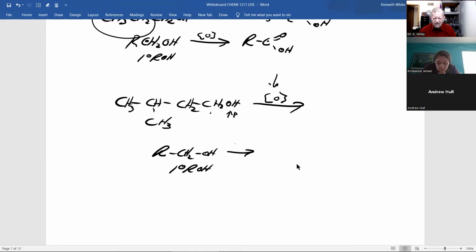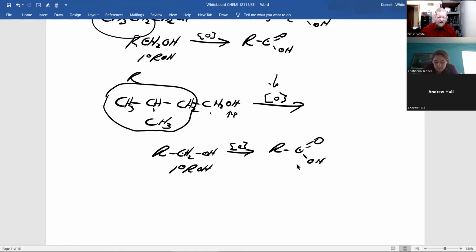When I oxidize it, the carbon with the hydroxyl group is now my carbonyl carbon, carbon double bond oxygen in my carboxylic acid. And in this case, this is all R. And the other way of thinking of it is this carbon here is this right here. I have 4 across and 1 a methyl.